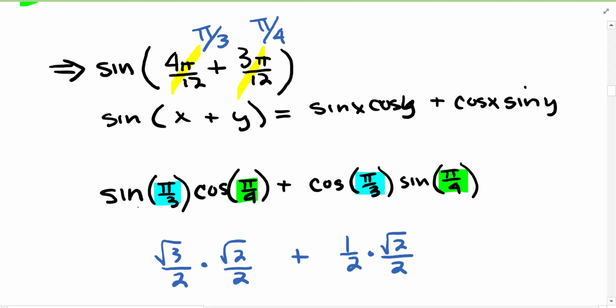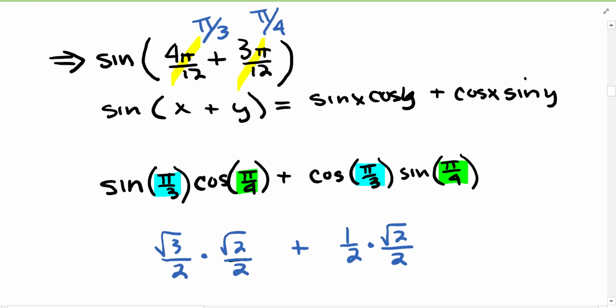So unless you haven't memorized, sine of pi thirds is root 3 over 2 times cosine of pi fourths is root 2 over 2 plus, since there was a plus sign, we're going to put a plus sign here, cosine of pi thirds is 1/2, sine of pi fourths is root 2 over 2, and then look at these two things being multiplied. 2 times 2 is 4.